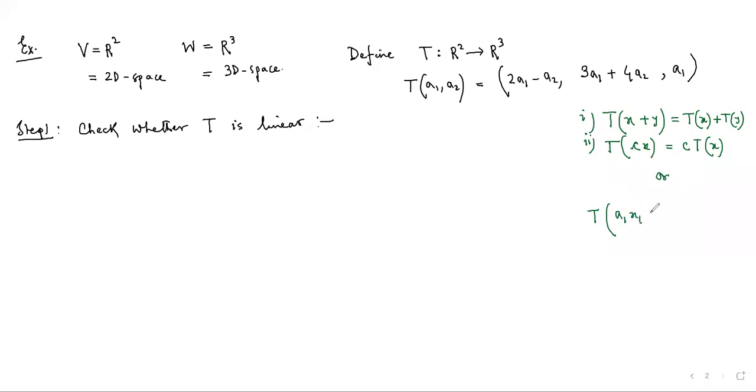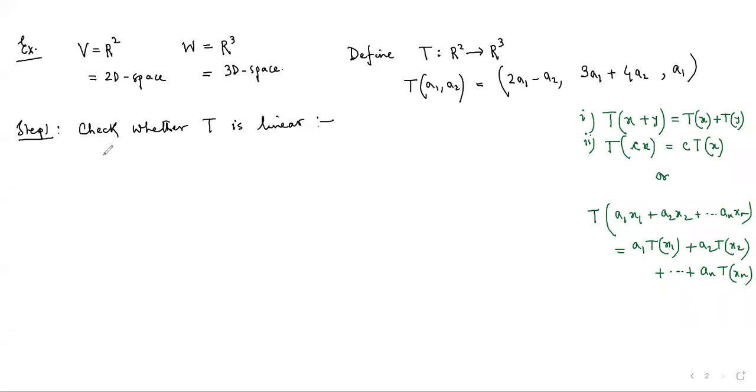Consider C x plus y, or in general a1 x1 plus a2 x2 plus up to an xn. You have to check a1 into Tx1 plus a2 into Tx2 plus dot dot dot plus an into Txn. Now I'm going to use which one?